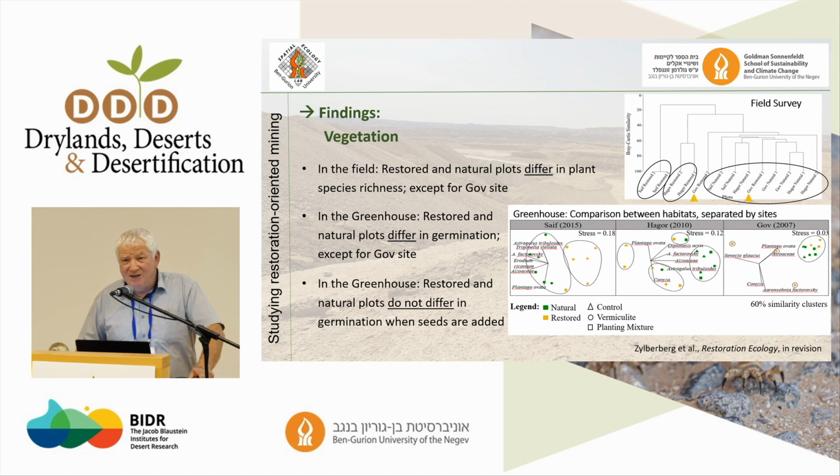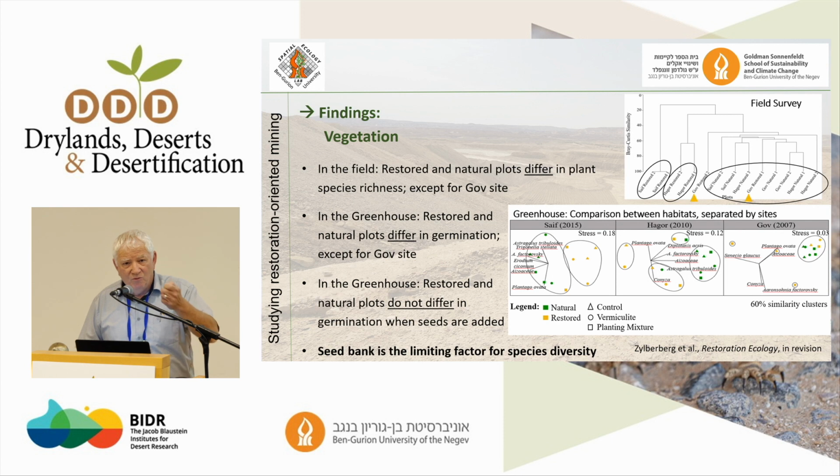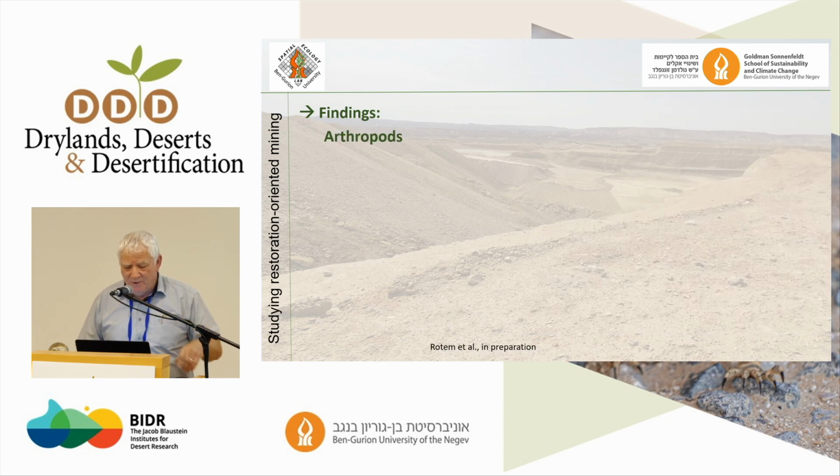That suggests it is not the quality of the soil itself. This is because the seed bank is the limiting factor for species diversity in this area. And the reason we think this exists is that we don't have the cyanobacteria in the soil crust to allow these seeds to settle down and to germinate.